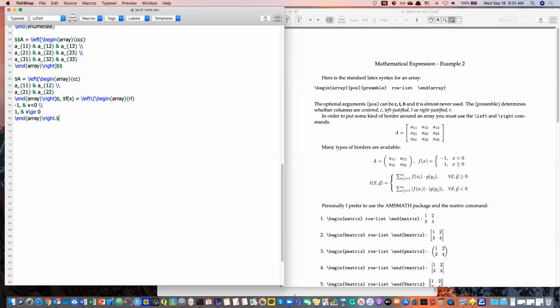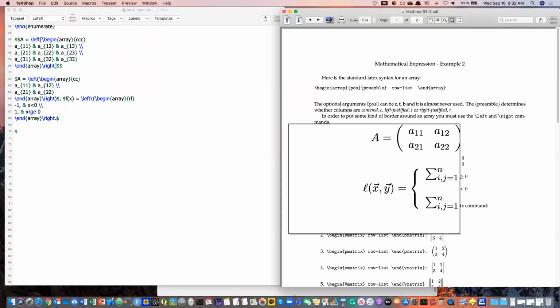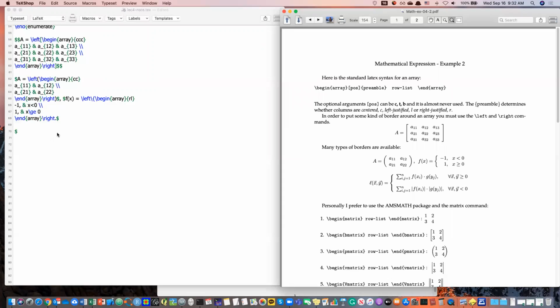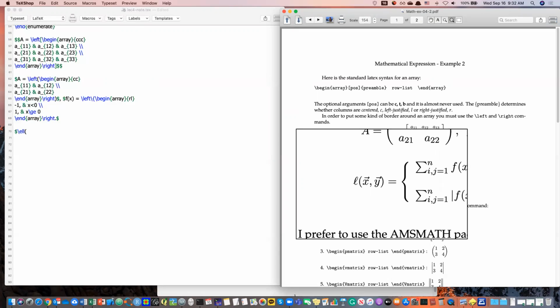So move to the next line. So L. Give me a second. That's not just the regular font style. What is this? This is ell, parenthesis, and then see here the upper right arrow.